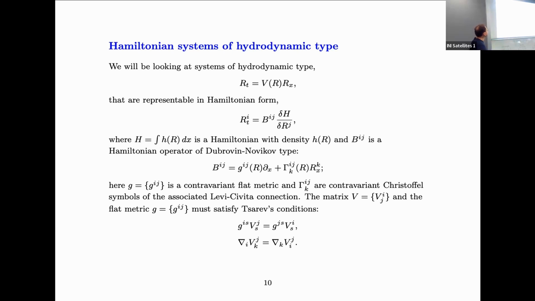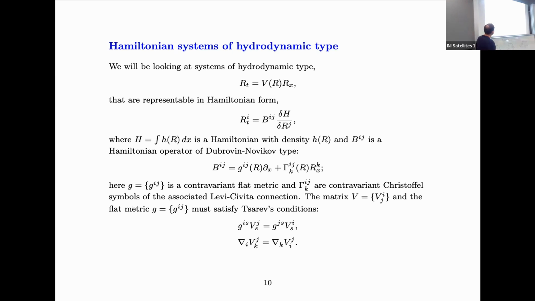And the Hamiltonian operator is of Dubrovin-Novikov type, so it has this form. In this form, G^ij is interpreted as a metric, the Gammas are interpreted as Levi-Civita-Christoffel symbols, and the metric must be flat, right?